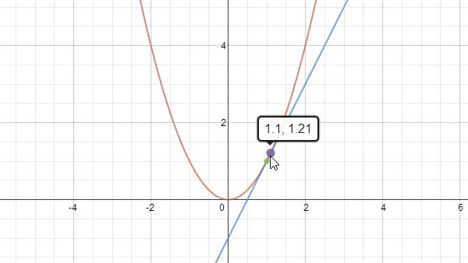Now let's look at the point on the tangent line, which you can't really tell because it looks like they're overlapping. Alright, so this is an actual point on the tangent line here, and that's 1.2. And if I remember right, this is 1.21.